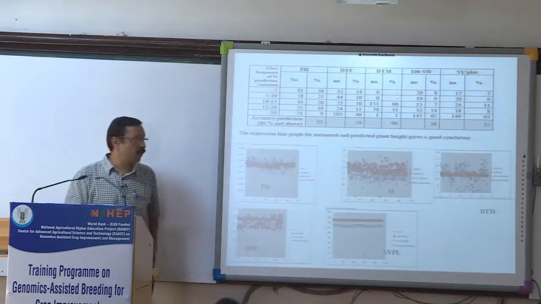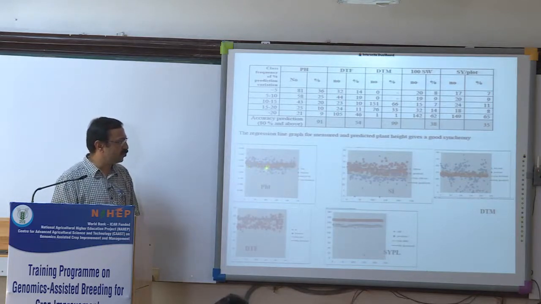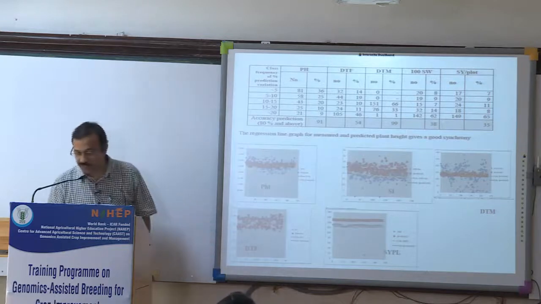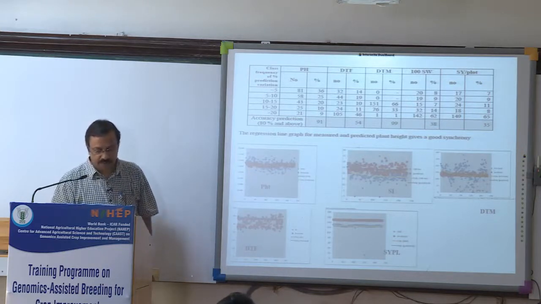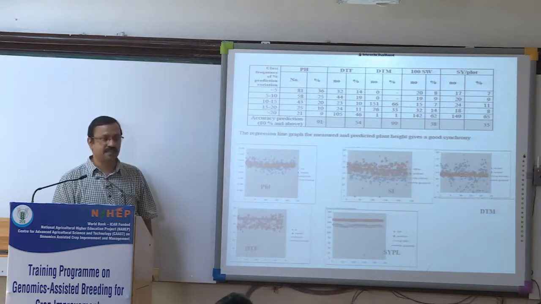And then what I look at here is the genomic prediction accuracy and the phenotypic prediction accuracy. For example, the blue is the phenotypic prediction accuracy, the red is the genomic prediction accuracy.